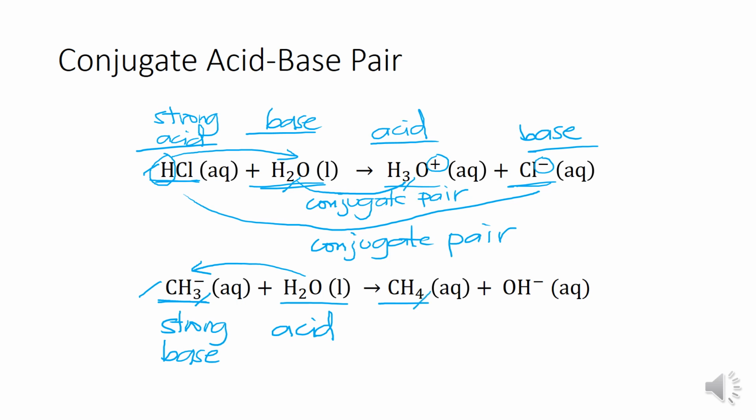Since methyl has a charge of negative 1, and it accepted a hydrogen ion, so that is negative 1 plus positive 1, so the methane is neutral. That's why we don't see here a charge. Next, the remainder of water, since it lost a hydrogen ion, is a hydroxide ion.